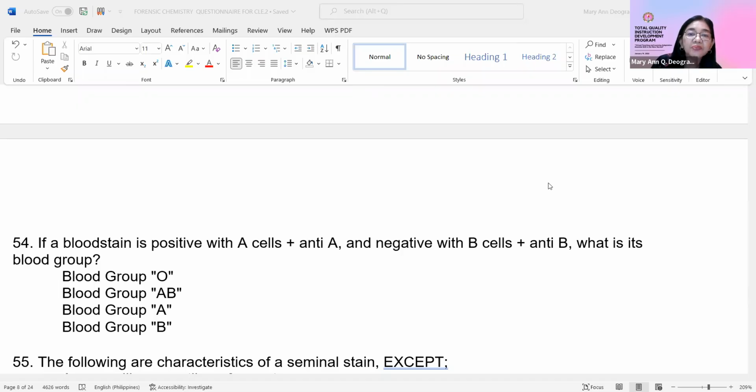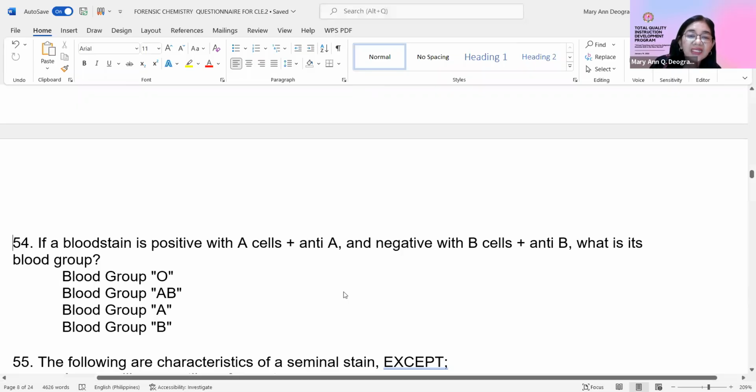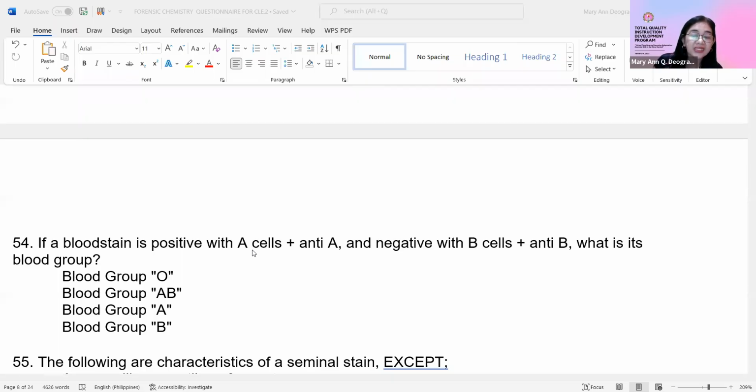Okay, blood group, is it group O? Positive sa A cells, negative sa B cells. We are grouping blood stains. So the technique that we're going to use here is the indirect technique. Ibig sabihin is the opposite of the direct.